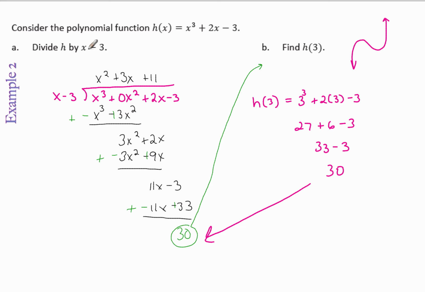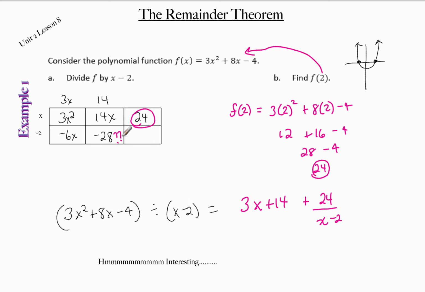You see, remember the horrible horizontal child? Well, in order for this to equal 0, x would have to be 3. And here, x would have to be 2 in order to get 0.